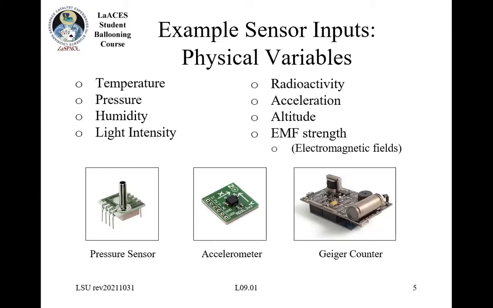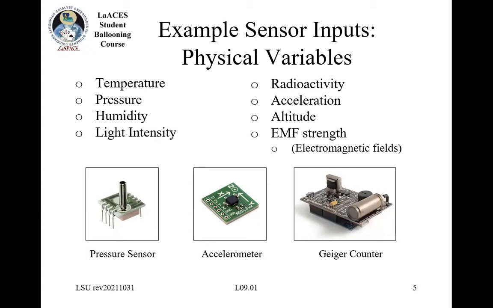So you can have sensors that measure basically any sort of quantity. In particular, the board that we use as the basis for the payloads has built-in temperature, pressure, and humidity sensors. You guys have already worked with a sensor that is affected by light from the SkeeterSat.